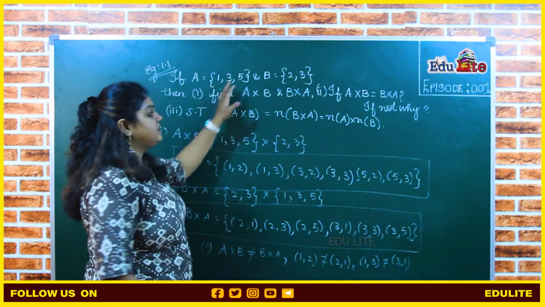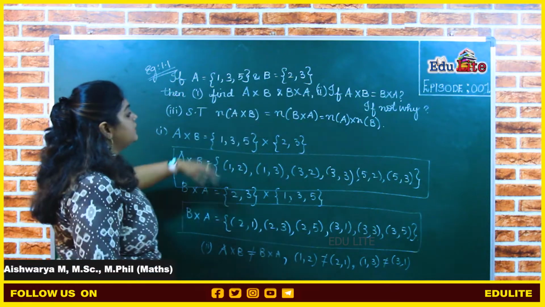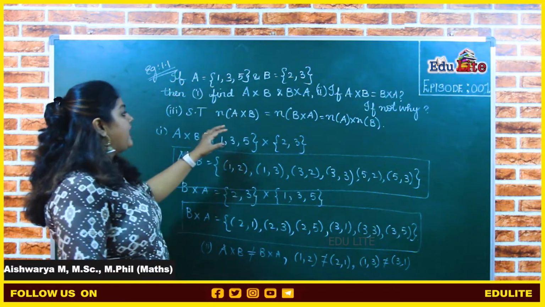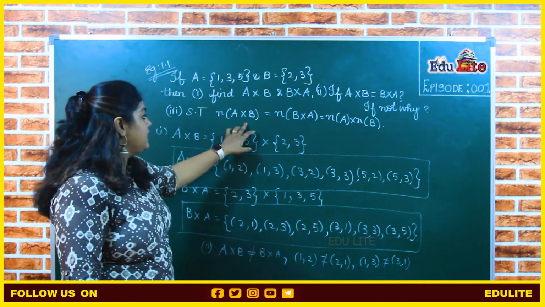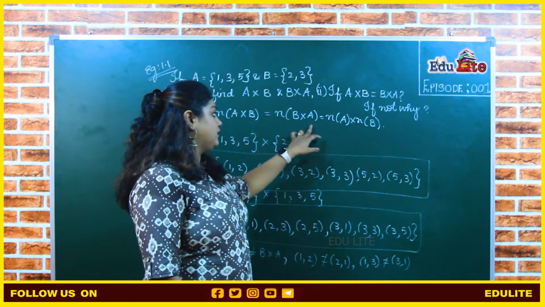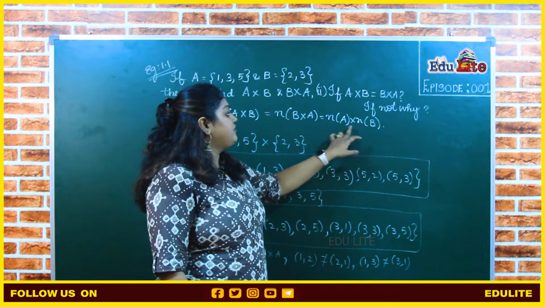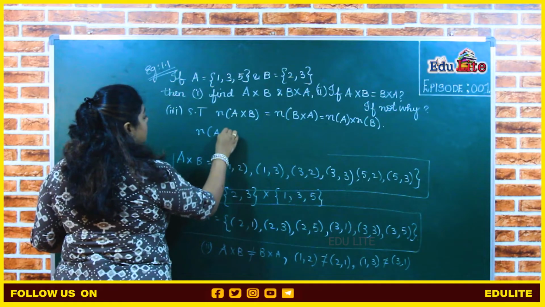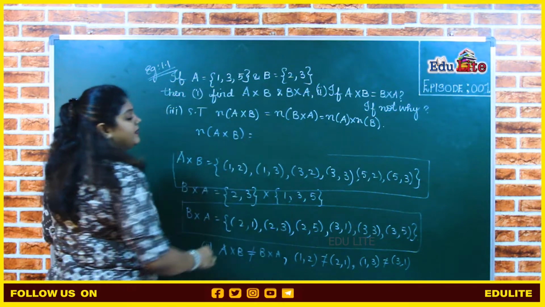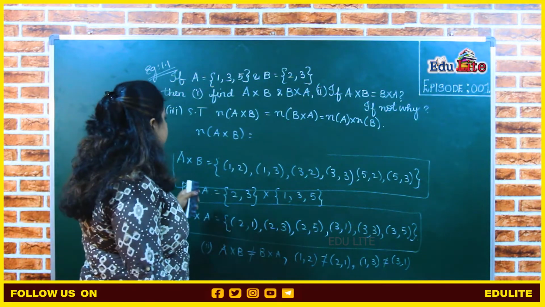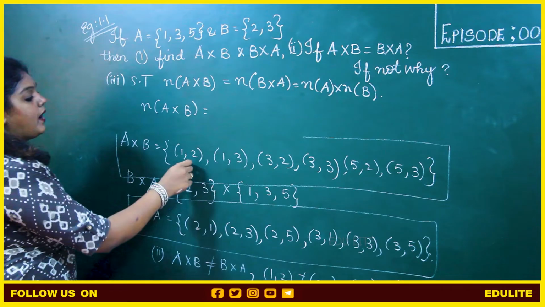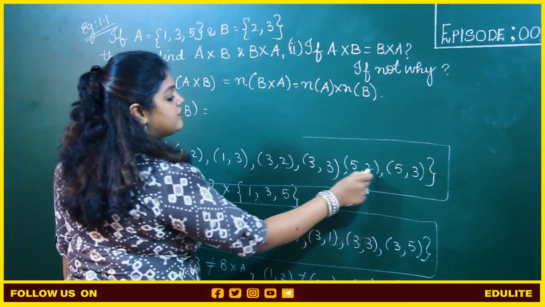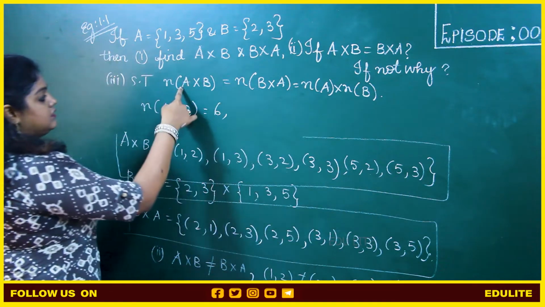So we have completed the first two options. We will move on to the third option. We have to prove that n of (A cross B) equals n of (B cross A) equals n of A times n of B. n of A cross B is the number of elements in A cross B. The number of elements in A cross B is 1, 2, 3, 4, 5 and 6, so this is 6.